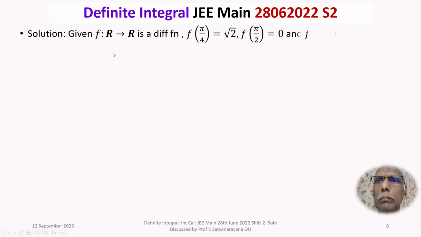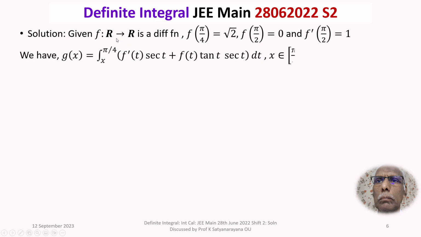We now discuss the solution of the problem in detail. f is a real valued function defined on R and given to be a differentiable function. The values of f at pi by 4 and pi by 2 respectively are root 2 and 0, and the value of f prime at pi by 2 is given to be 1.